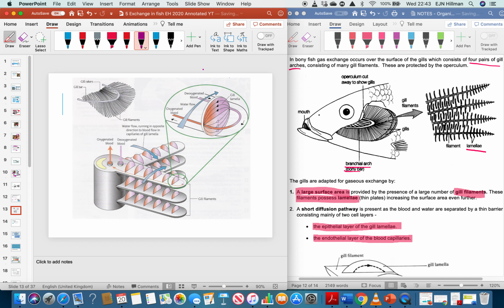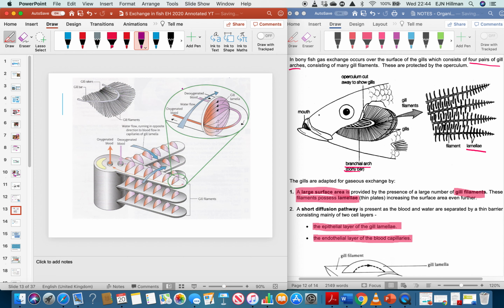Okay, here it is. Look carefully at the lamellae. So the lamellae is a tissue. In that tissue there are capillaries, and the arrows on the capillaries show the direction that the blood is flowing.